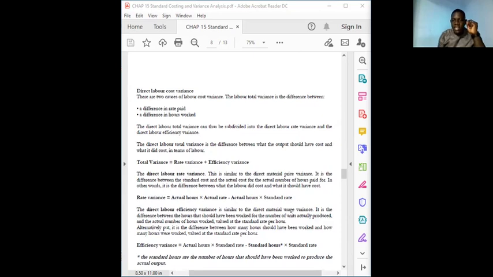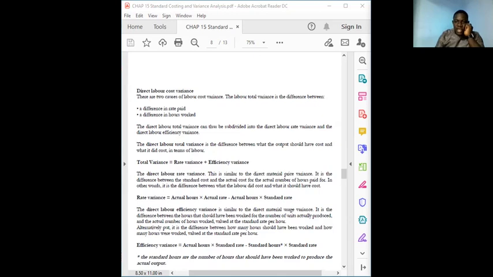So you can see that actual hours is common. So this can be determined as (AR minus SR) multiplied by AH. So the difference between the actual rate, what labor actually costs the company, and what it should have cost us, measured at the actual hours paid for. Good.